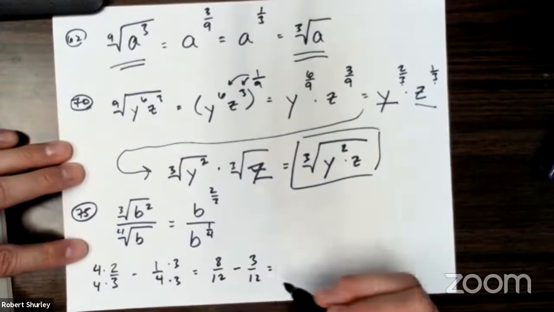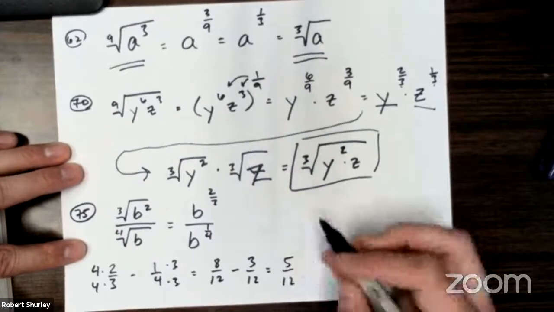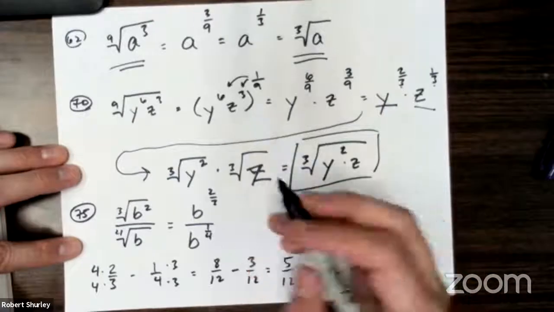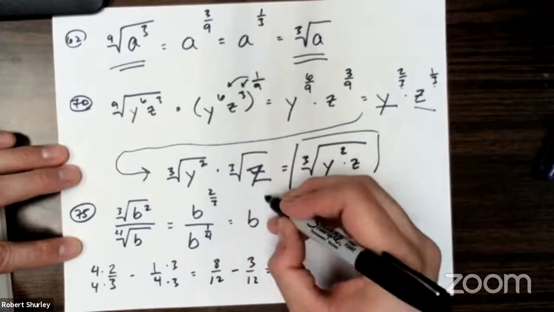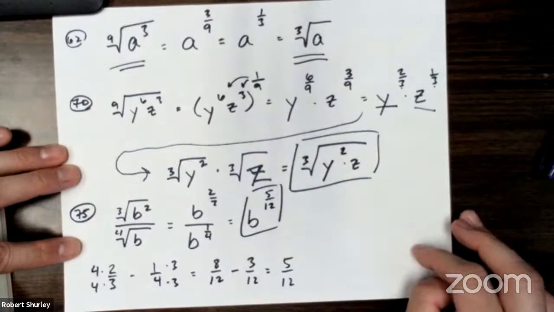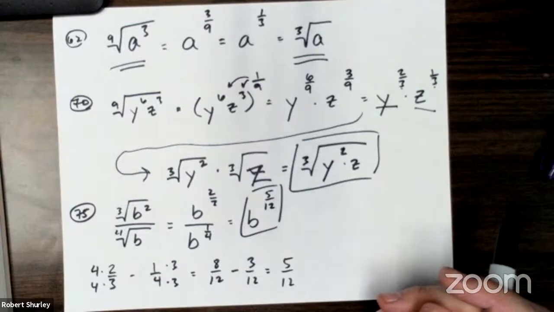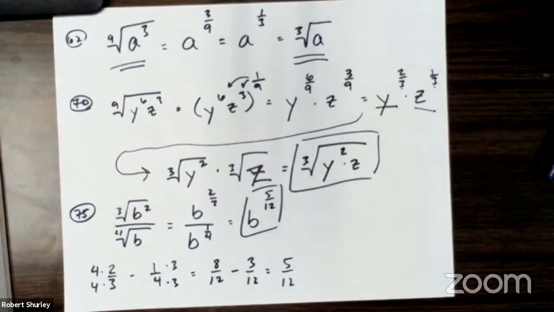So this winds up being 8 minus 3 is what, 5/12. So if I subtract 2/3 minus 1/4, I wind up with 5/12. Okay, I wind up with b to the 5/12. Pretty straightforward.